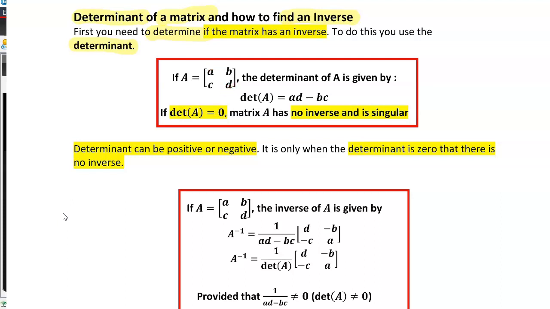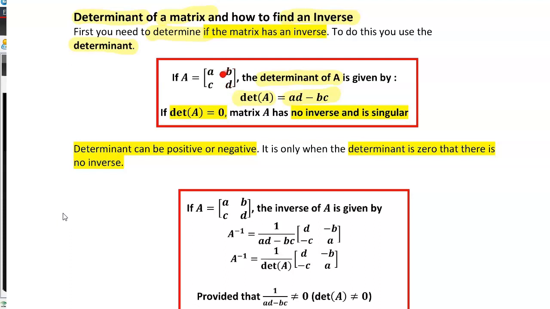So that determinant of A is equal to A times D take away B times C. So that's A times D, that diagonal, take away B times C, that diagonal.